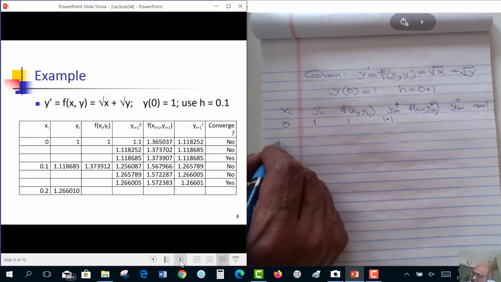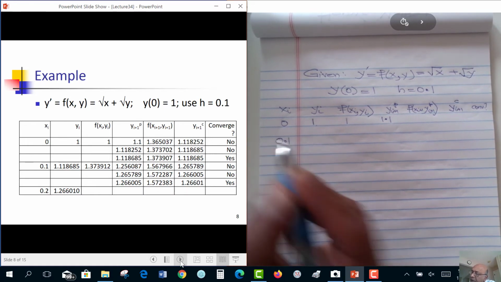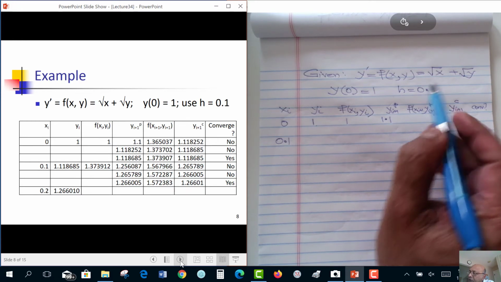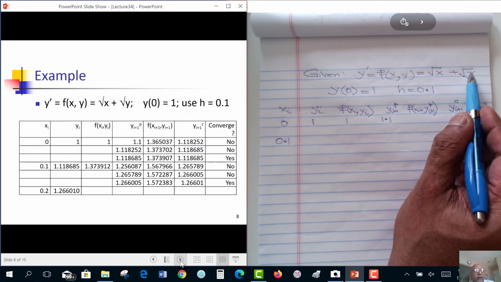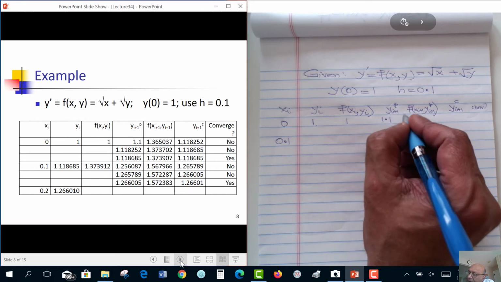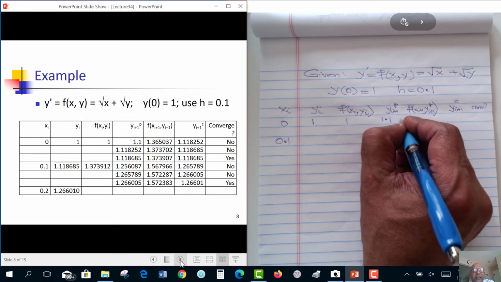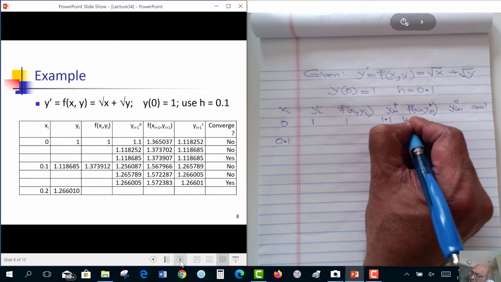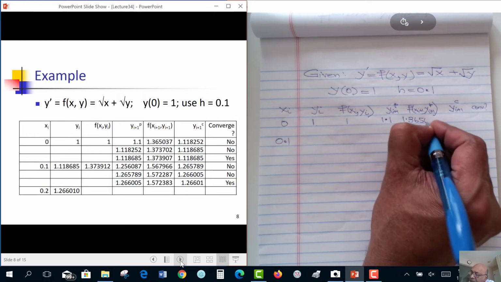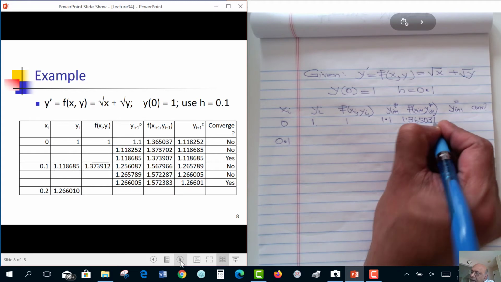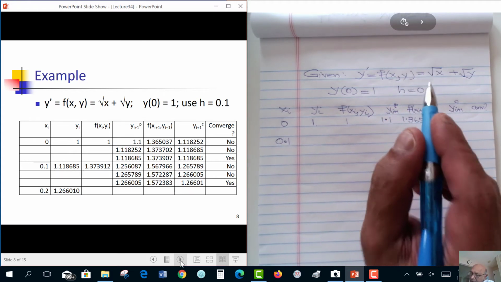Now our next x value is 0.1. So we are going to compute this function square root of 0.1 plus square root of 1.1. And I'm going to keep 6 digits because I want to do a few iterations. 1.365037. Please do it with me.